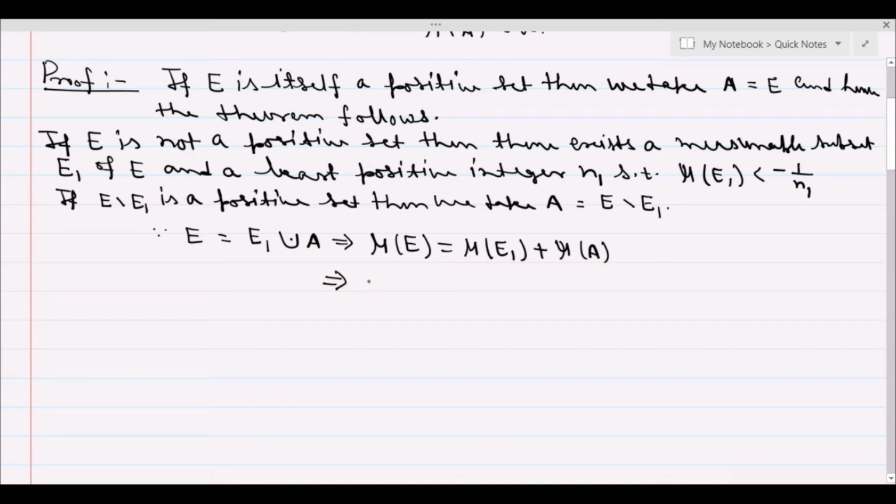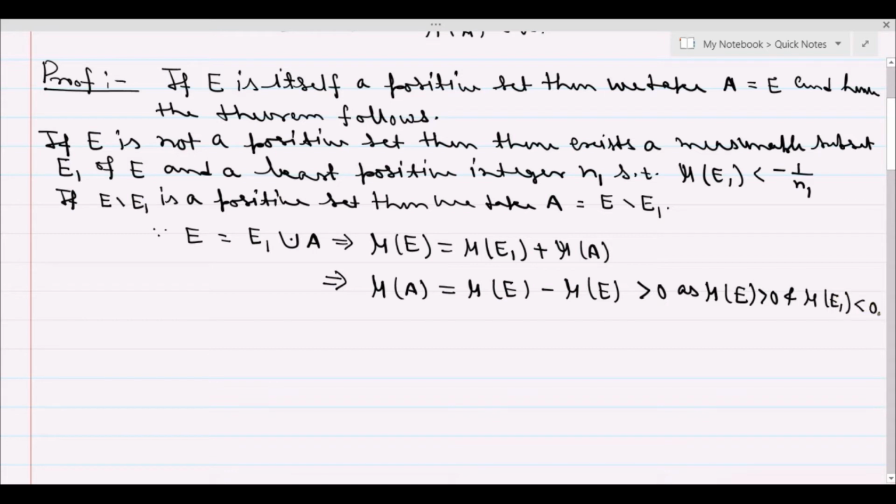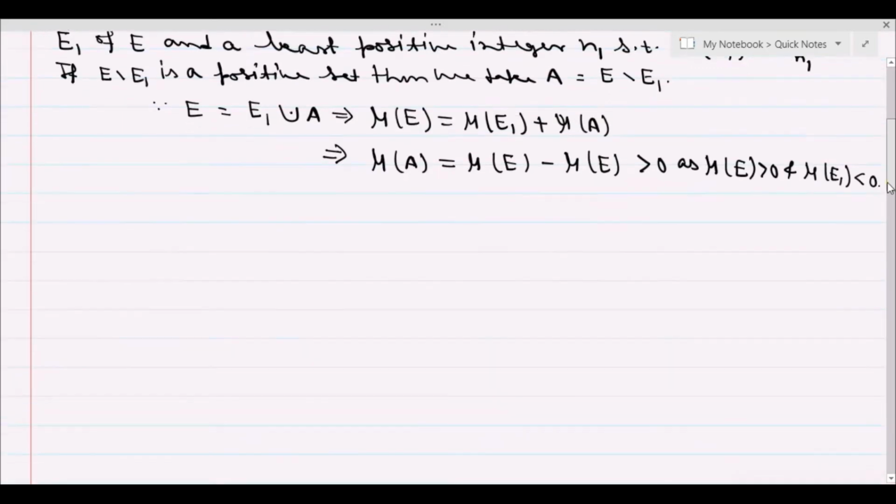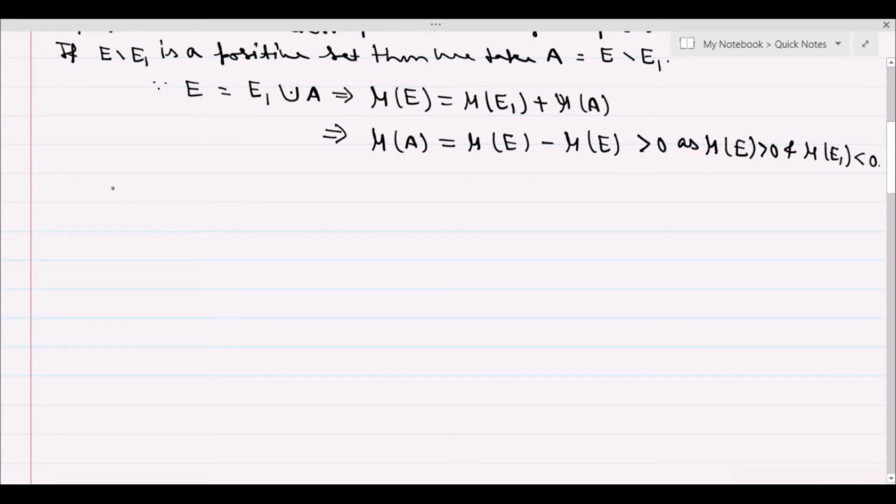So we write mu of A as mu of E minus mu of E1, and this value is greater than 0 as mu of E is greater than 0 and mu of E1 is less than 0. So in that case the theorem follows.